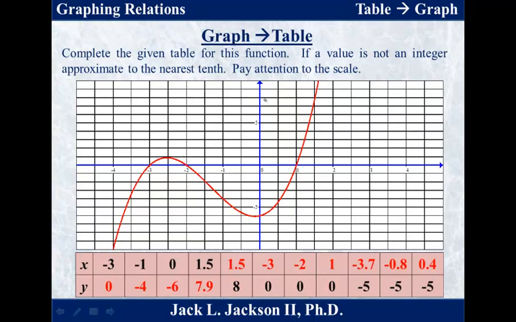Okay, so when x is 0, that's on the y-axis here. That's right here at -6. When x is 1.5, that would be on this line. That looks like it's really close to 8 here. We're going to call it 7.9. You may have to estimate in some cases, but we should be able to estimate at least fairly closely.